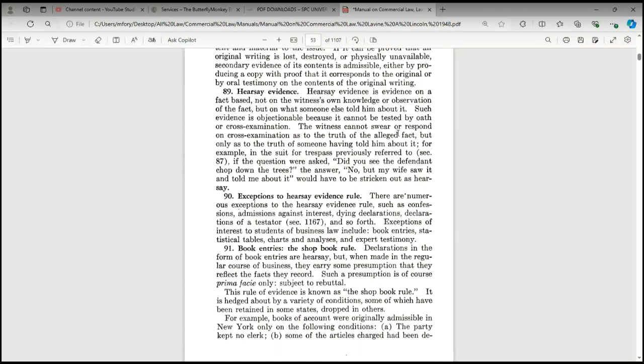The witness cannot swear or respond on cross-examination as to the truth of the alleged fact, but only as to the truth of someone having told him about it. For example, in the suit for trespass previously referred to, if the question were asked, did you see the defendant chop down the trees, and the answer is, no, but my wife saw it and told me about it, that would have to be stricken out as hearsay.